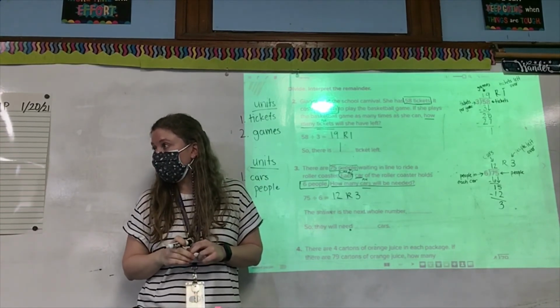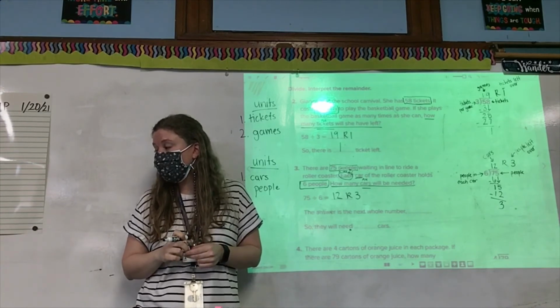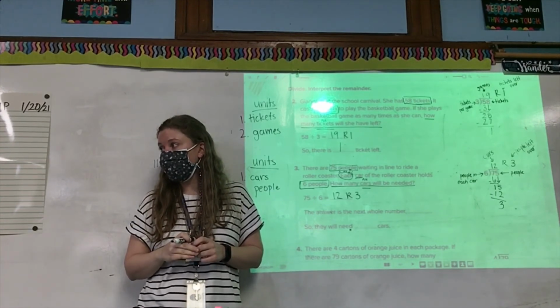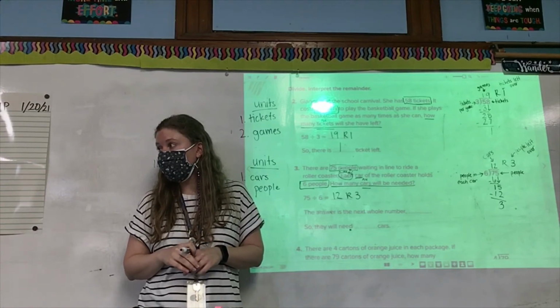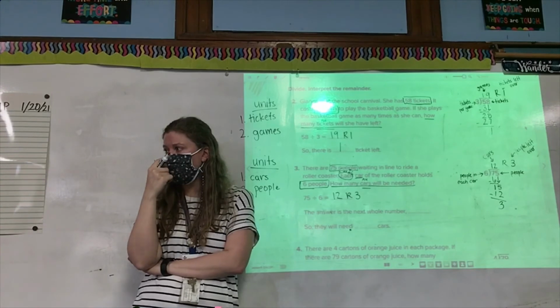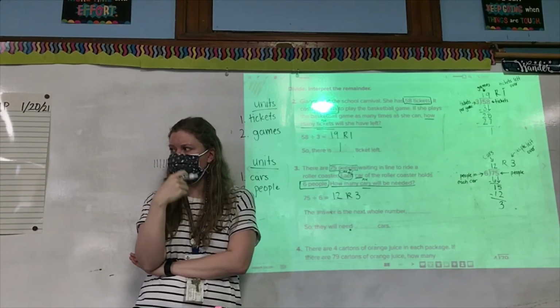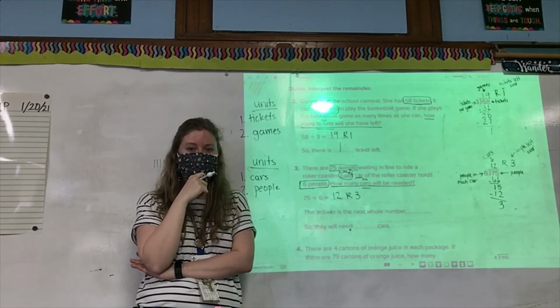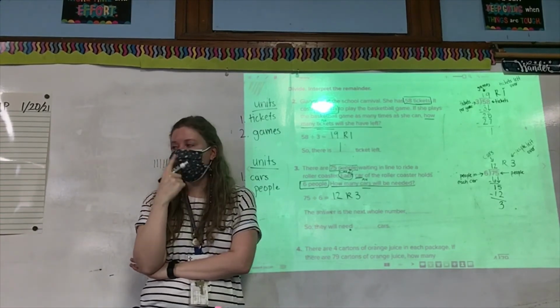The remainder is 3, and there's 3 people left over. So if we wanted to look at the whole number, we'd have to add the remainder to it, right? That would be 15. Do we need 15 cars? 12 full cars and then 3 extra cars with 1 person in each one? Are we ever adding the remainder?